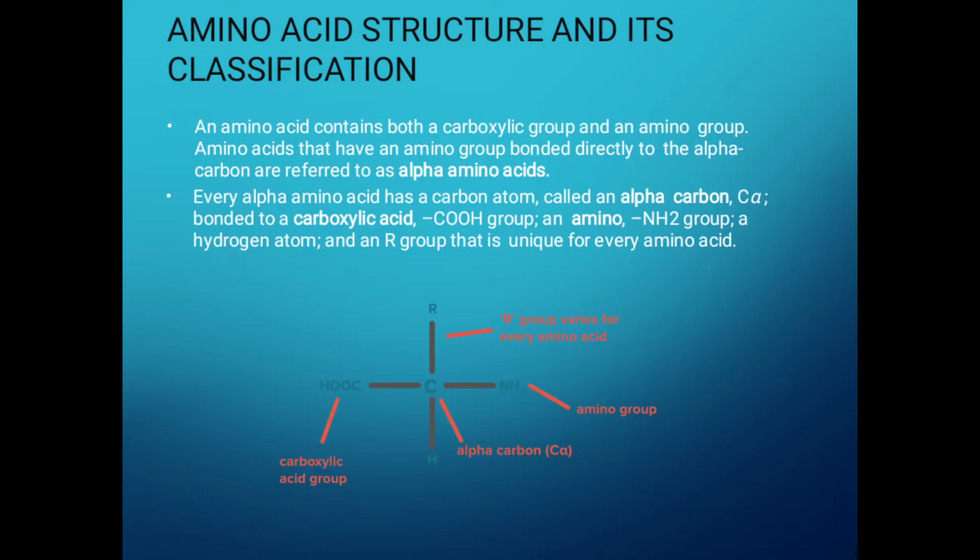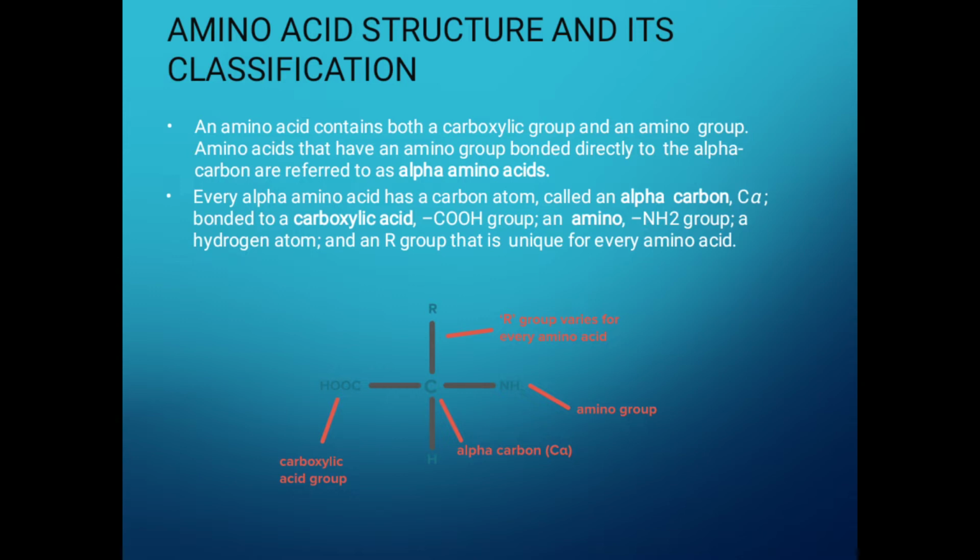And the next topic is amino acid structure and its classifications. So amino acids are classified as follows. First, an amino acid contains both a carboxylic group and an amino group. Here, see in the structure, carboxylic group COOH and amino group NH2. Amino acids that have an amino group bonded directly to the alpha carbon atom are referred to as alpha amino acids.